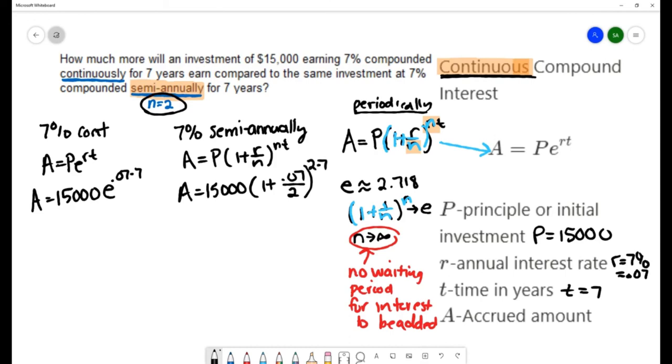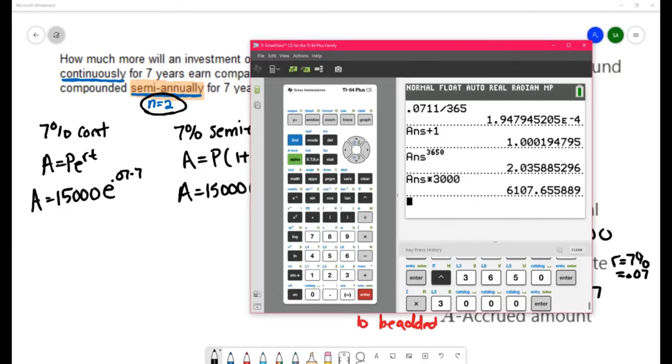Let's put both of these in our calculators. And for the first one, we have 15,000 times e raised to the 0.07 times 7.